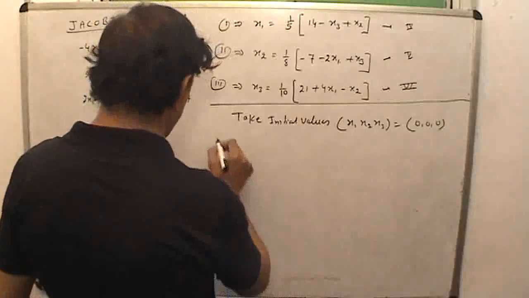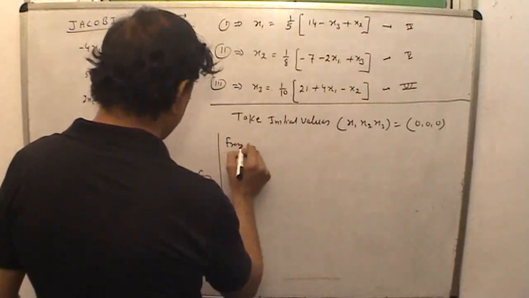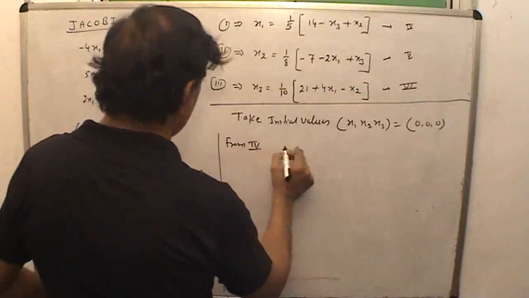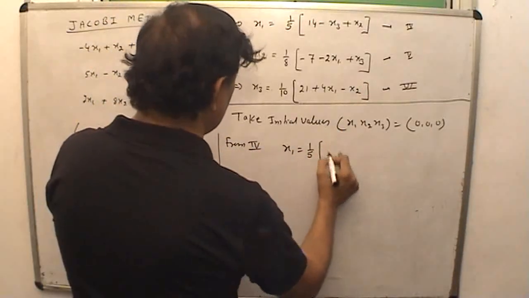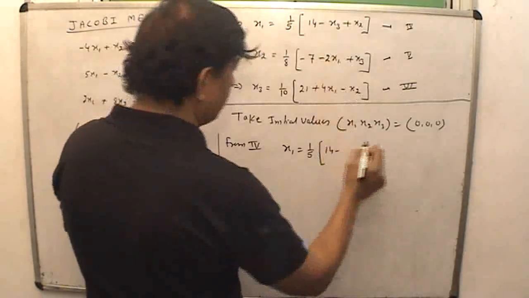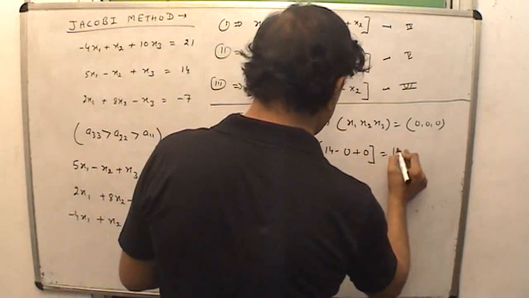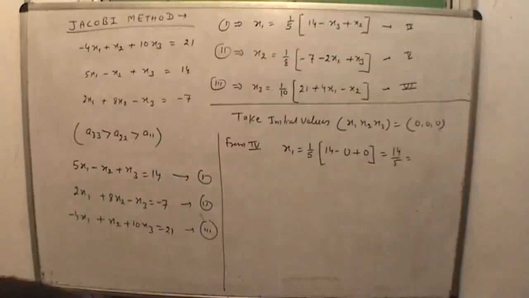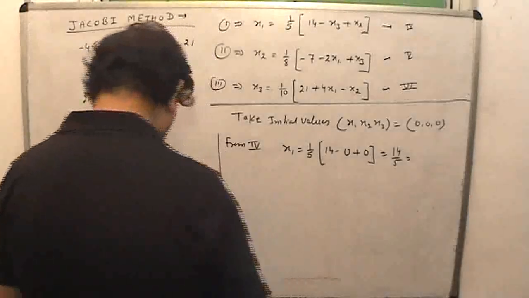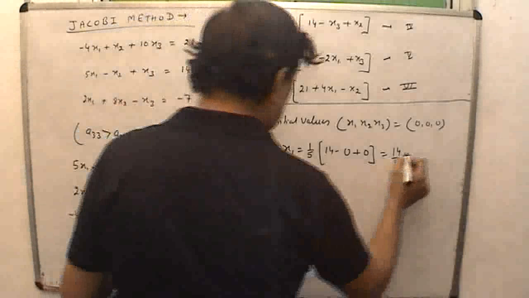Then from 4, we get x1 is equal to 1 by 5 into 14 minus x3, 0, x2, 0. That is equal to 14 upon 5, that is equal to 2.8.